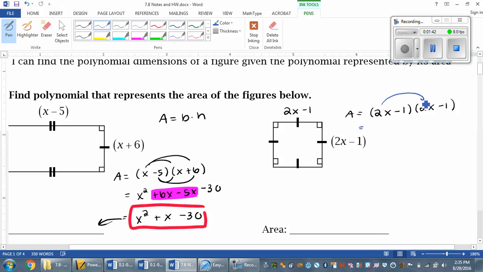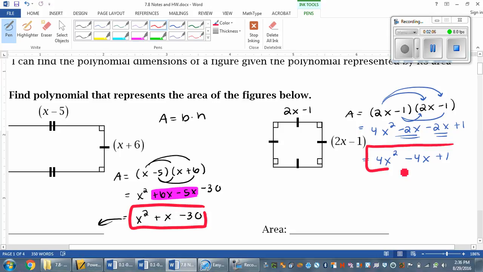So 2x times 2x is 4x squared. 2x times negative 1 is negative 2x. Now I'm going to distribute that negative 1. Negative 1 times 2x is minus 2x. Negative 1 times negative 1 is positive 1. Again, we're going to combine those middle terms. So my area is 4x squared minus 4x plus 1. Again, that is the polynomial. It's actually a quadratic trinomial that represents the area.